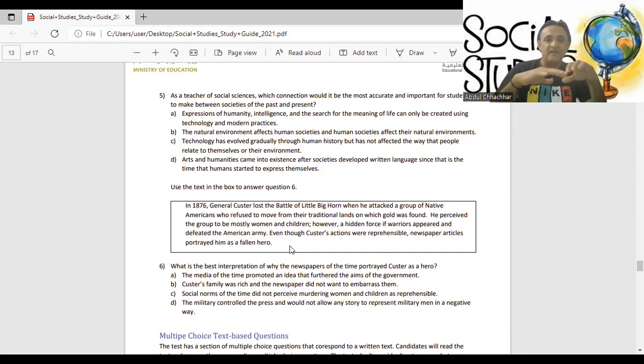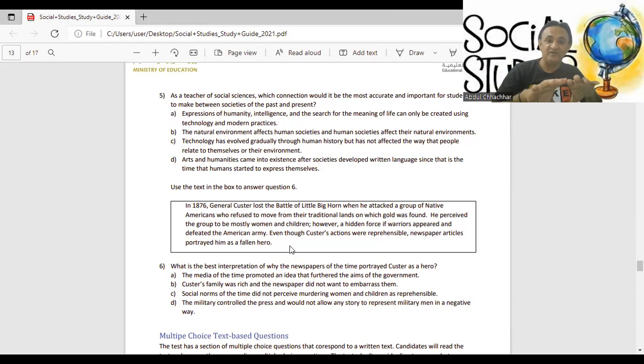If you read this paragraph, you cannot get the answer unless you know the information. If you have read and taught this topic, definitely you will choose the answer. So this part belongs to your knowledge.